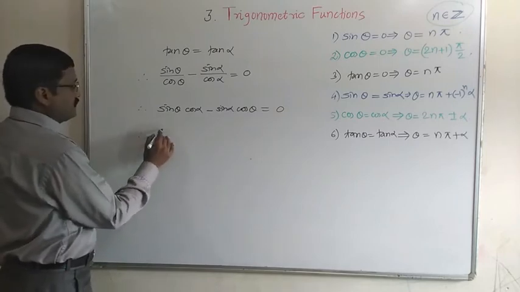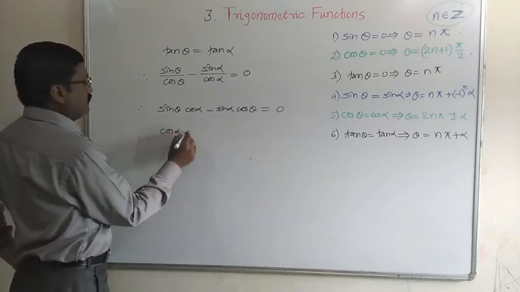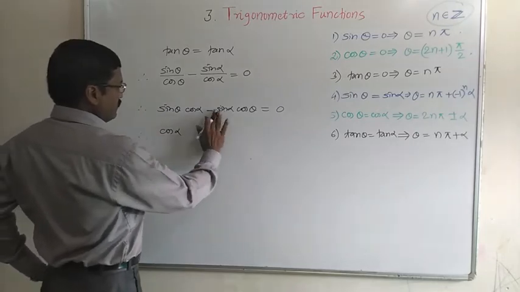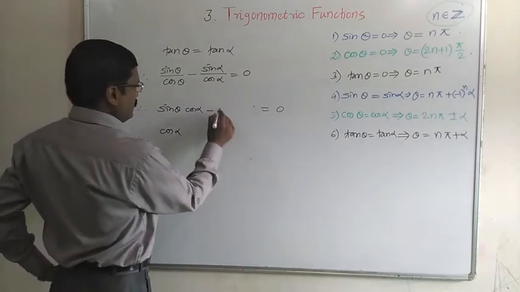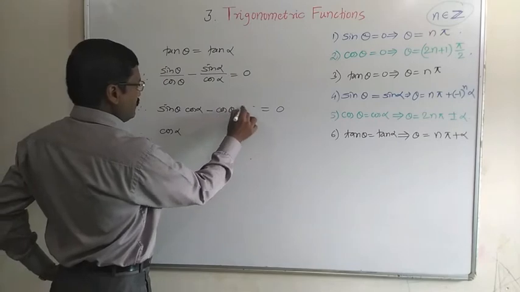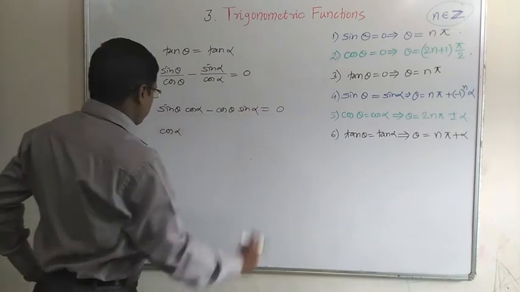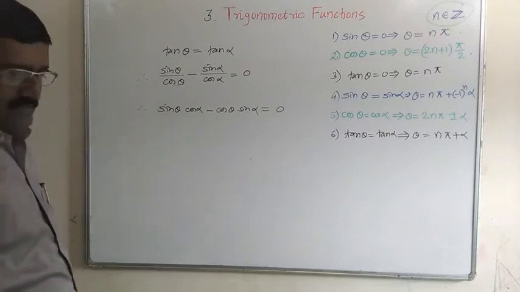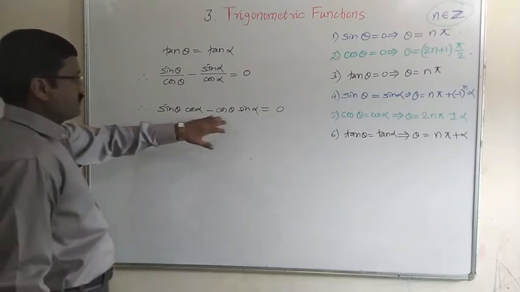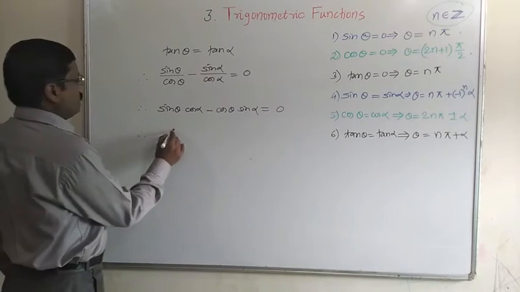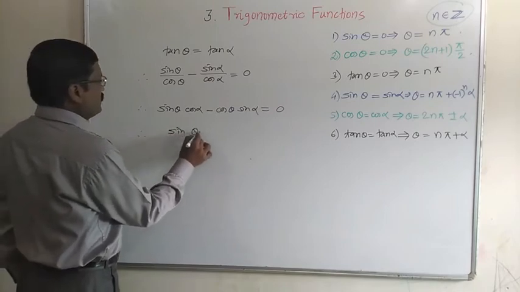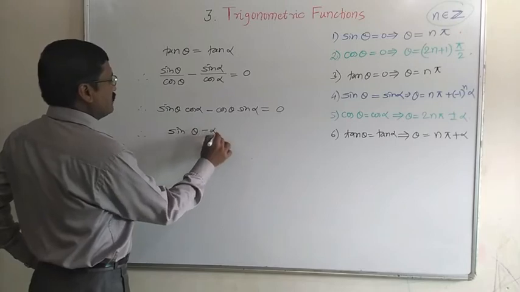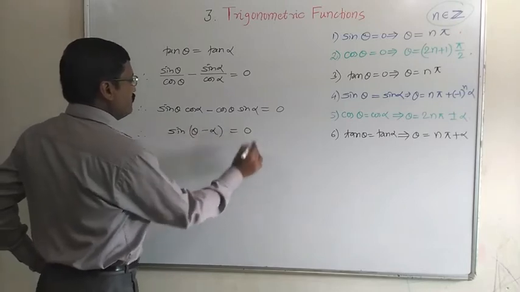Write the same as cos alpha, instead of this we will write here cos theta sin alpha. Then we can write this result as, this is sin cos minus cos sin, so this will give us sin of theta minus alpha, since there is a negative sign, is equal to 0.